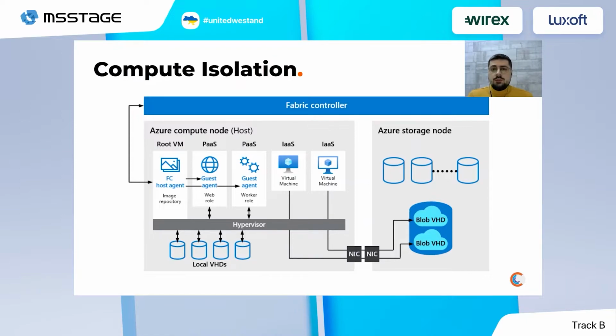For example, the Fabric Controller is responsible for recreating VM instances on healthy servers when it determines that a server has failed. It also allocates infrastructure resources for tenant workloads, and it manages communication from host to virtual machines.